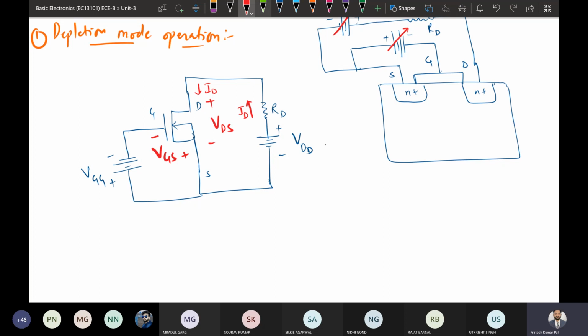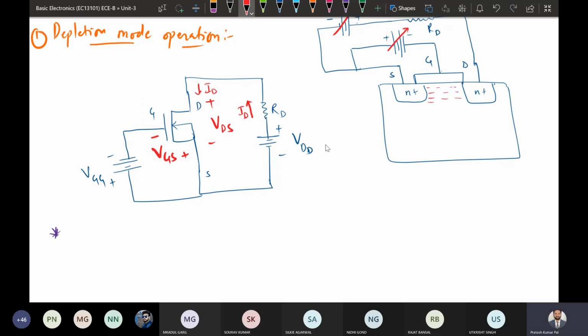So we need to see how the operation is going to be performed. The basic principle of operation in case of depletion MOSFET is, we need to apply the gate to source voltage such that it reduces the majority carriers available in the channel.